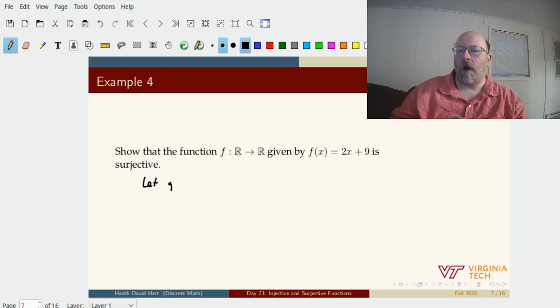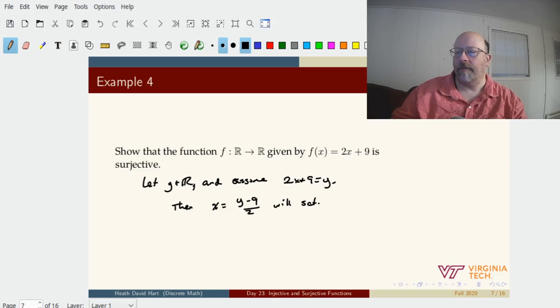Let y be any real number and assume 2x plus 9 is equal to y. Then x will be y minus 9 over 2, which will solve the equation.